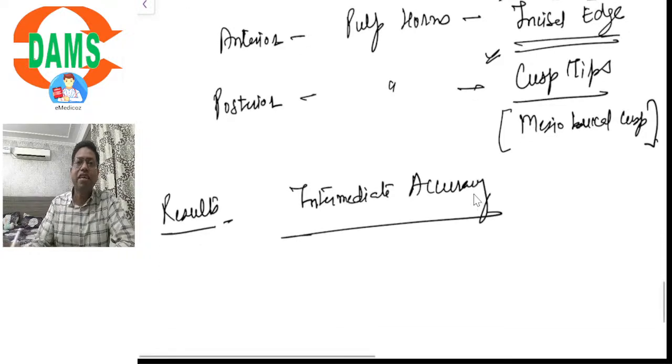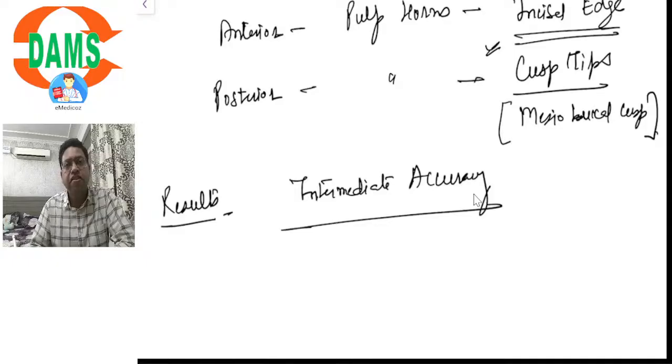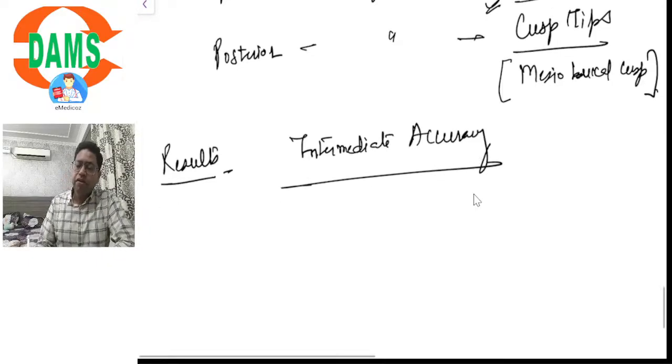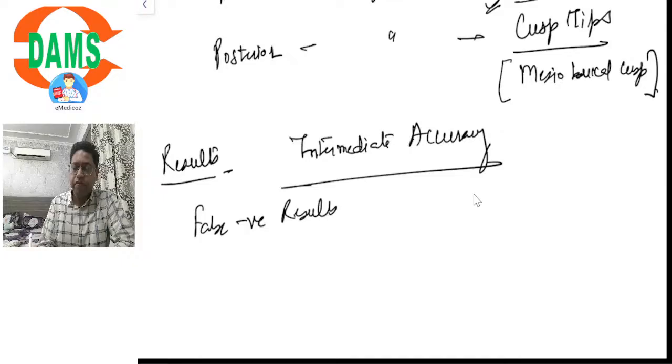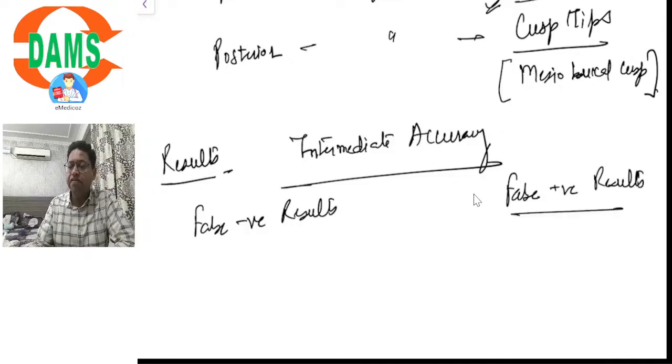Most accurate is cold testing, then electric pulp testing, and then heat testing, the least accurate one. If we talk about electric pulp testing, there are incidents of false negative results and false positive results. What is the meaning of false negative?